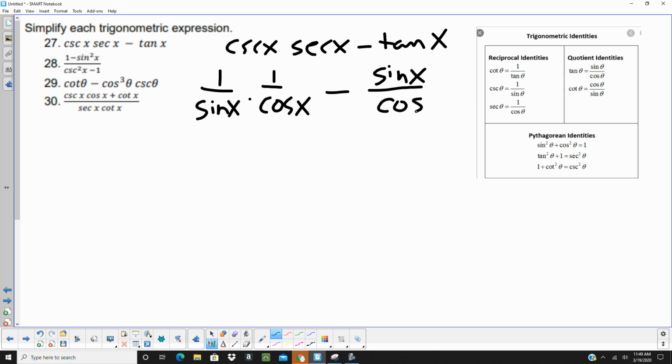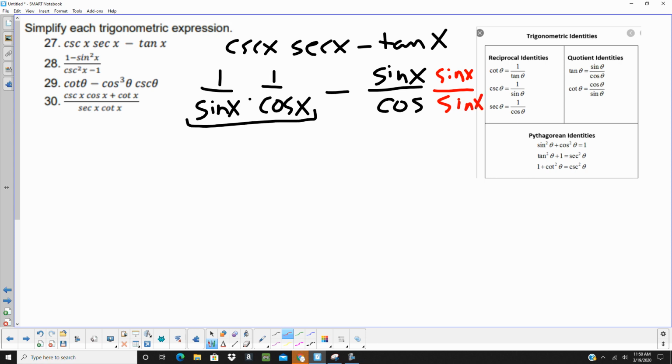Well, I look at this and I realize my common denominator is going to be sine x cosine x. So I'm going to go ahead and get a common denominator right now and multiply this by sine x over sine x.